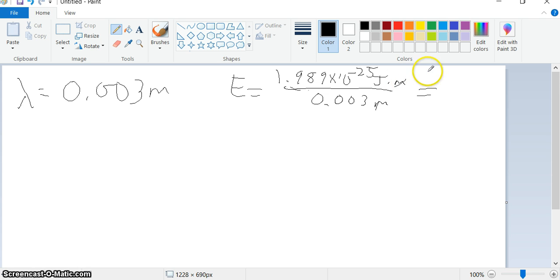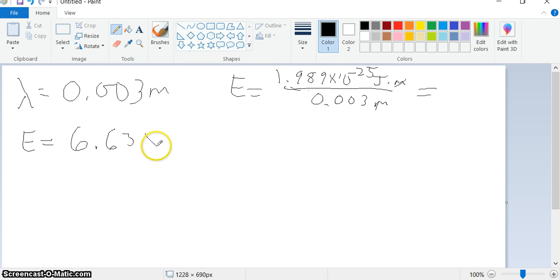And the answer, so you just do this numerically, the energy of the photon, which is ultimately the answer we were looking for. The energy of the photon is what does it come out to be?